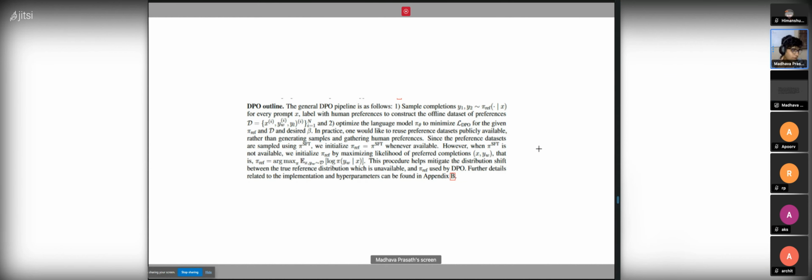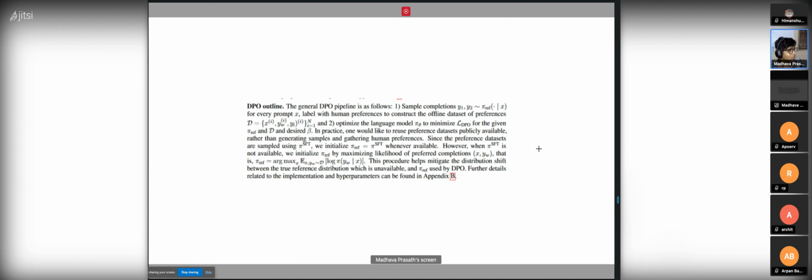On the DPO pipeline, what you do is you sample the YW response and YL response, let them be Y1 and Y2, from a model which has learned the reference policy. Let me say something really simple: just go to OpenAI, put a prompt there, and ask for two responses. That's going to be Y1 and Y2.